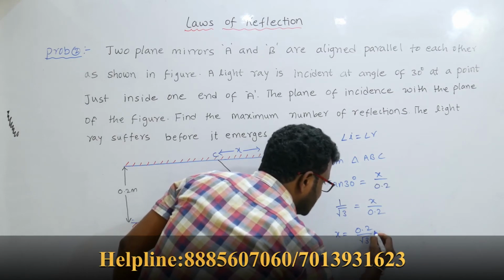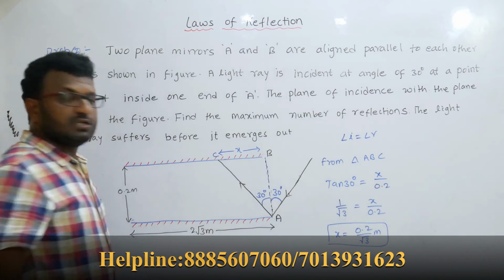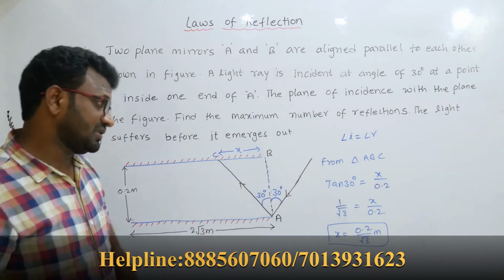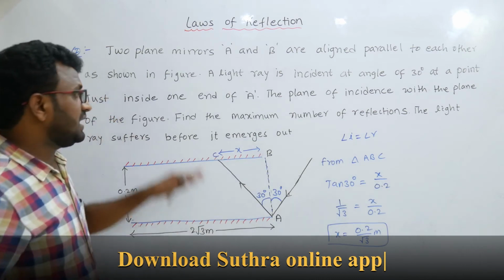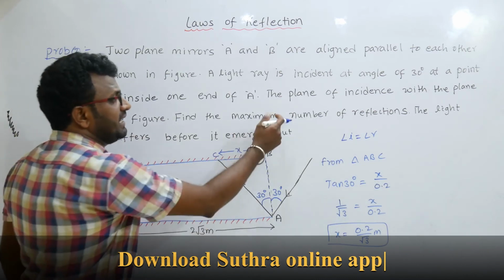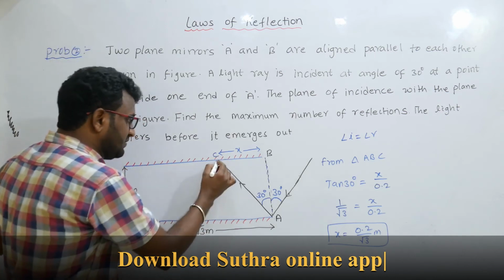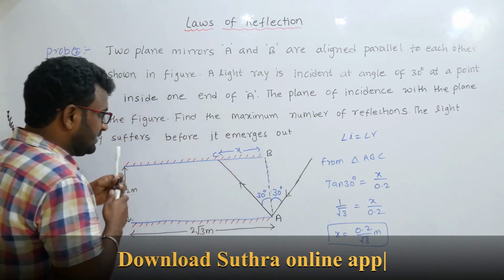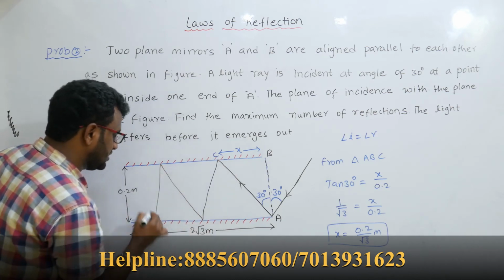So for the first reflection, the distance covered by the reflected ray is 0.2/√3. But here the reflected ray undergoes many reflections, so it will take a number of reflections and finally it emerges out.